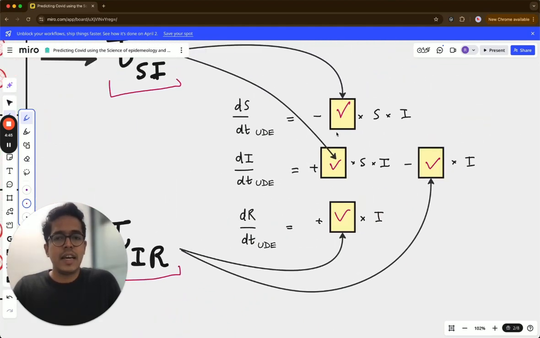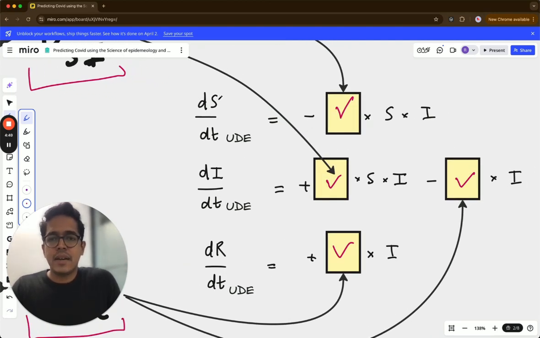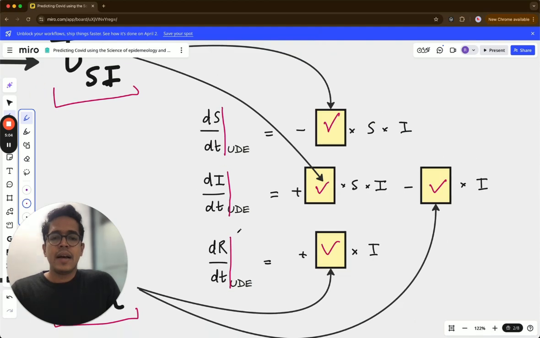So this is the SIR model only, except now you have a predicted dS by dt, a predicted dI by dt, and a predicted dR by dt. These are not the actual dS by dt, dI by dt, dR by dt. These are predicted ones. Predicted by whom? Predicted by the neural network in the UDE.